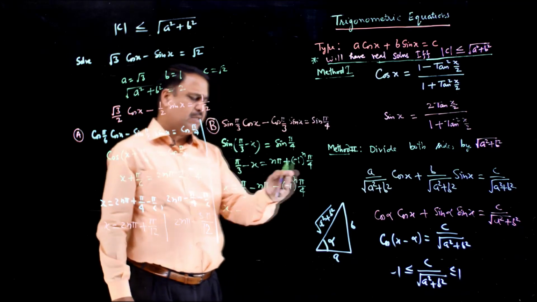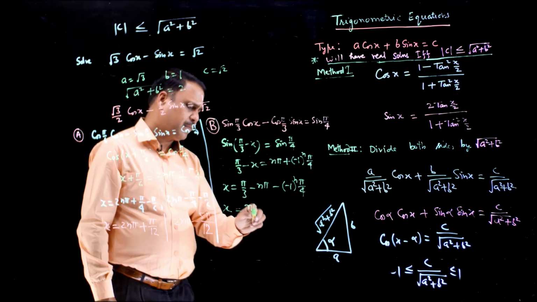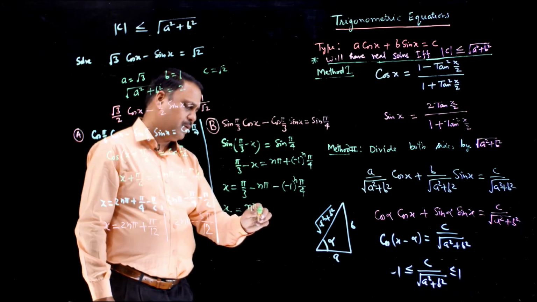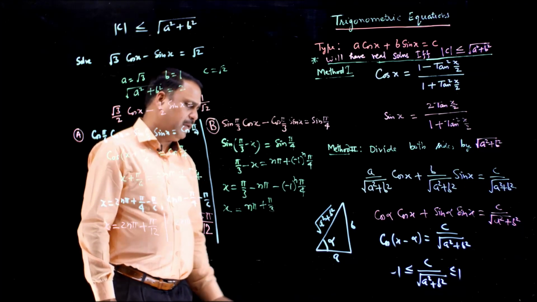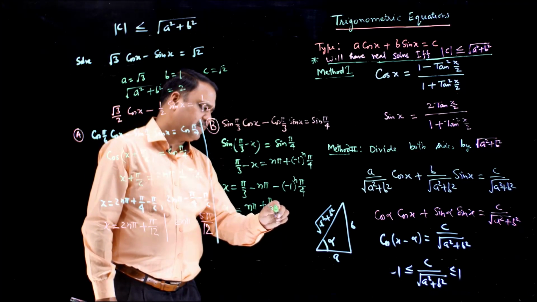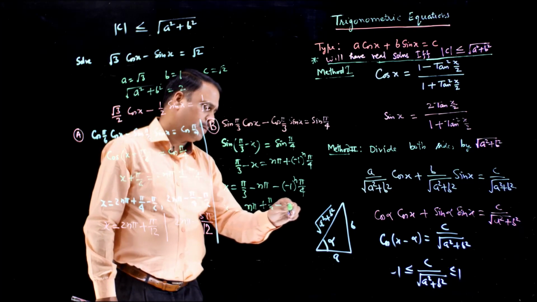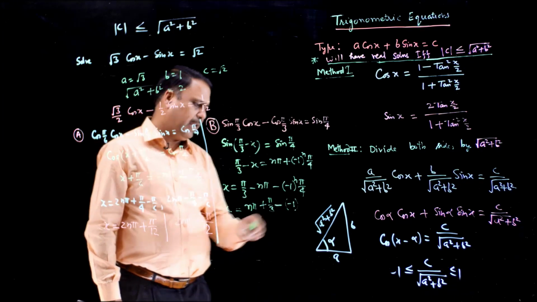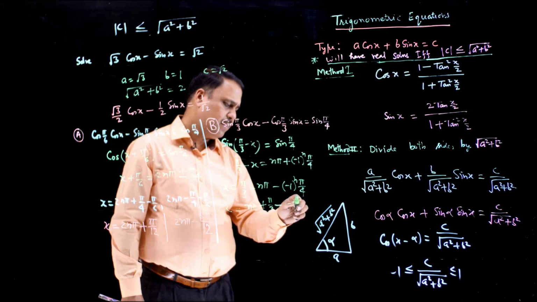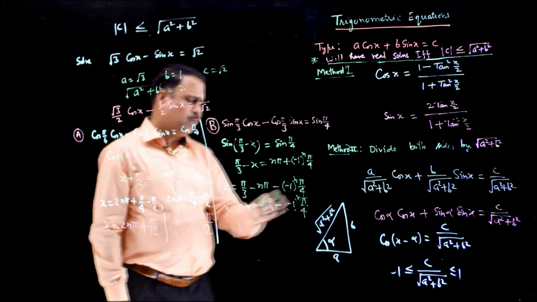Even integer, odd integer, that will matter. So you can write here n pi plus pi by 3 minus minus 1 raised to power n into pi by 4.